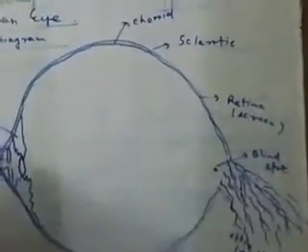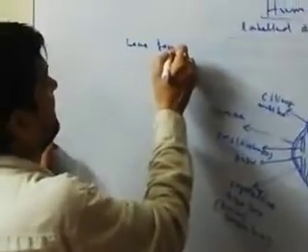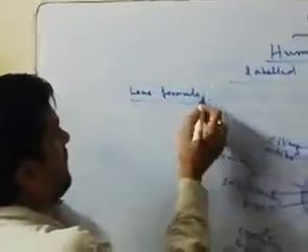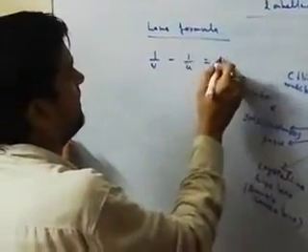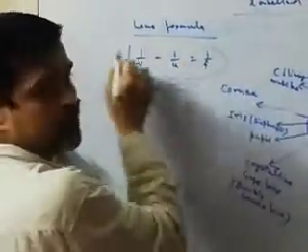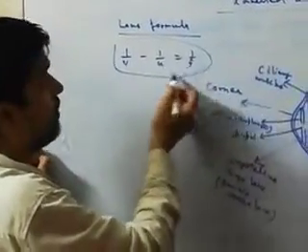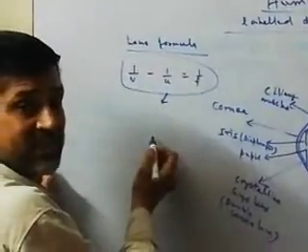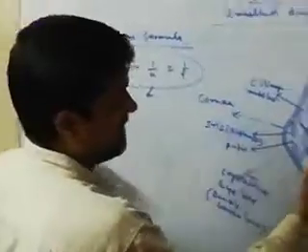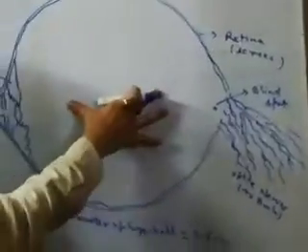Because you will see the lens formula. In lens formula, what we see? 1 by v minus 1 by u is equal to 1 by f. So, if we are changing object distance, but image distance is fixed, that is distance between eye lens and retina, this distance is fixed, then what will happen?